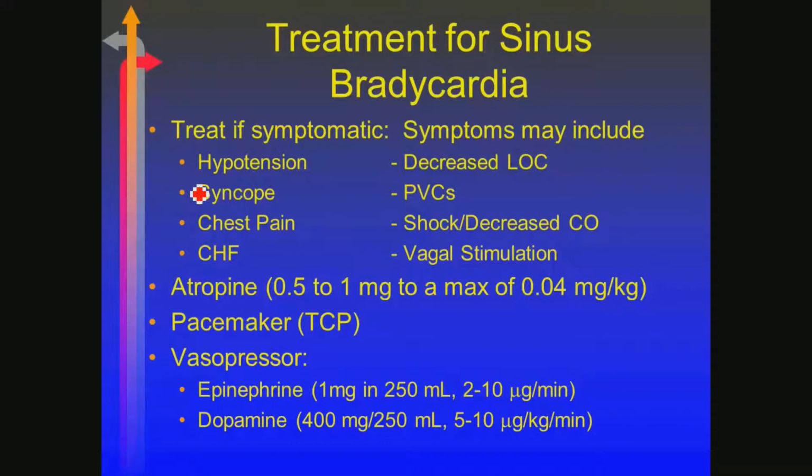This treatment is true for all symptomatic bradycardias, more than just sinus, as we'll find. Exact same treatment, regardless of the origin of the beat. If they're bradycardic and they're symptomatic, I'm going to treat it with atropine first, and then either pacing or using a vasopressor to try and speed up the heart rate.